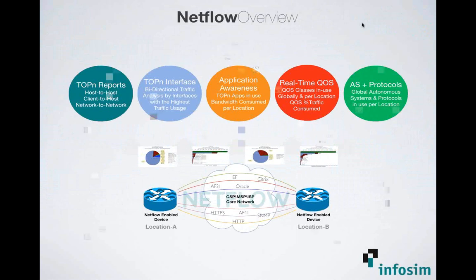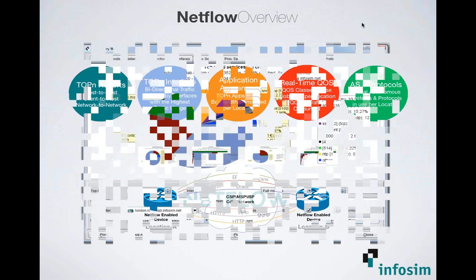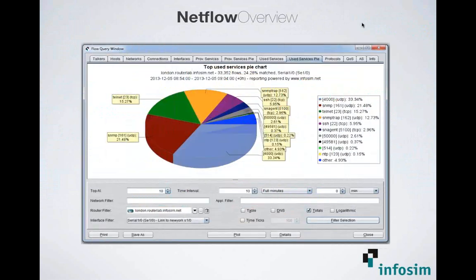The StableNet Netflow interface allows for tabular selection of your choice. Simply select a tab, customize the time interval required, and apply the filter of a specific device or interface or link and plot the results.